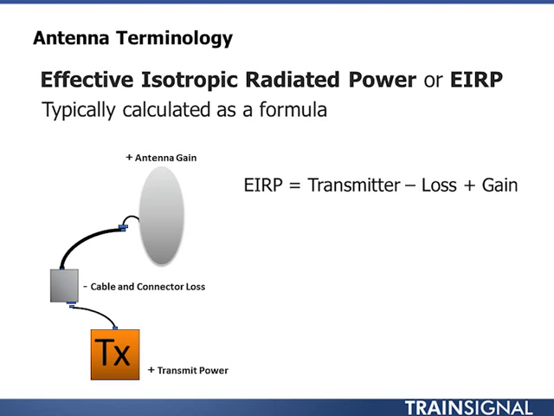Then my effective isotropic radiated power would be my transmitter, which was 20 dBm, minus my cable loss, which was 1 dB, plus my 15 dBi antenna gain. So there's 20 minus 1 plus 15, which is 34 dBm.